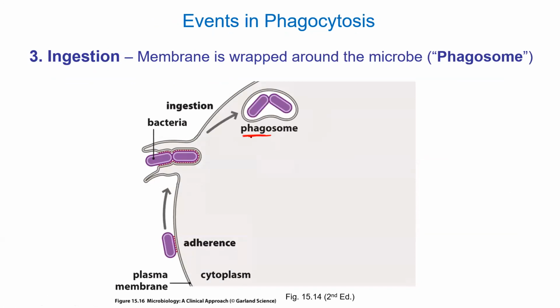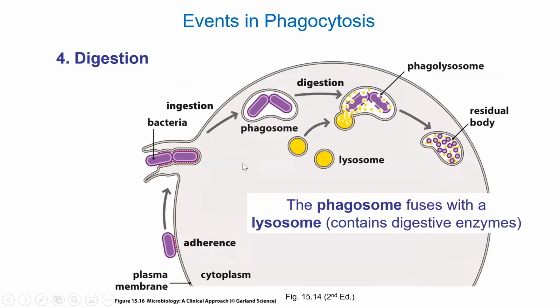So there's that word there, right? Phago means eating in Greek or Latin, and some basically means body or organelle or something like that, right? And then usually what happens is you're looking at destruction by fusing with a lysosome. Lysosome, remember, contains digestive enzymes. It's actually a lot like a stomach.